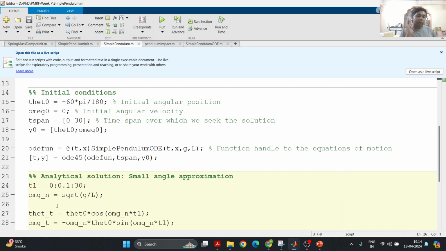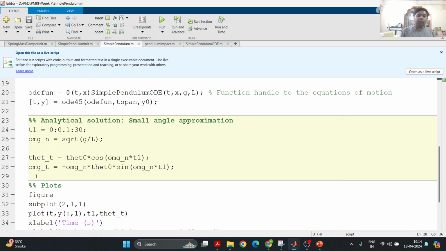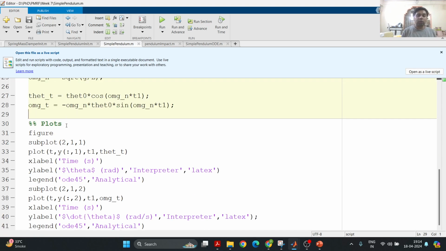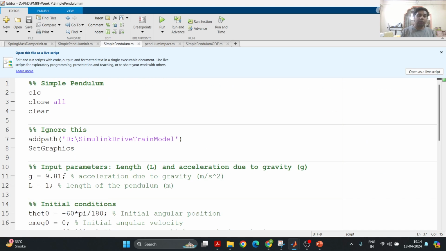Using the initial conditions, we can derive it to be of the form theta naught cos omega t, and its derivative will be minus omega n theta naught sin omega n t. We store the values of the analytical solution and plot them together on the same axes so that we can compare how this small angle approximation holds with respect to different sets of initial conditions.